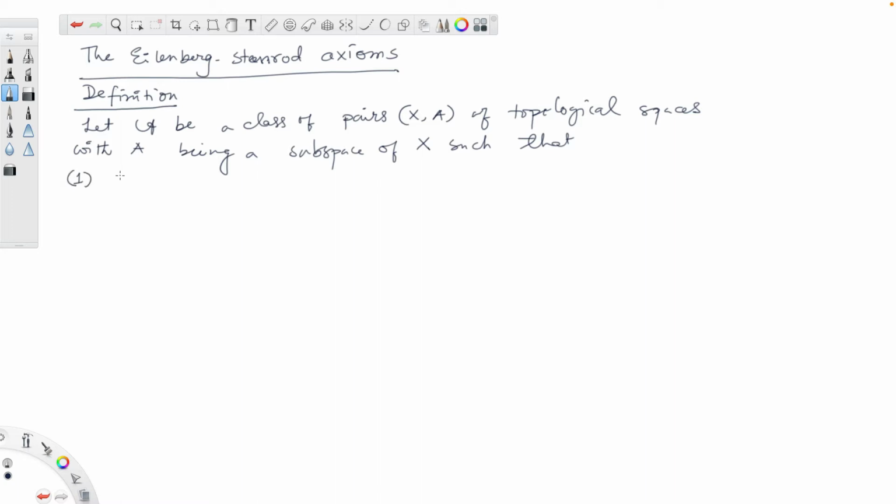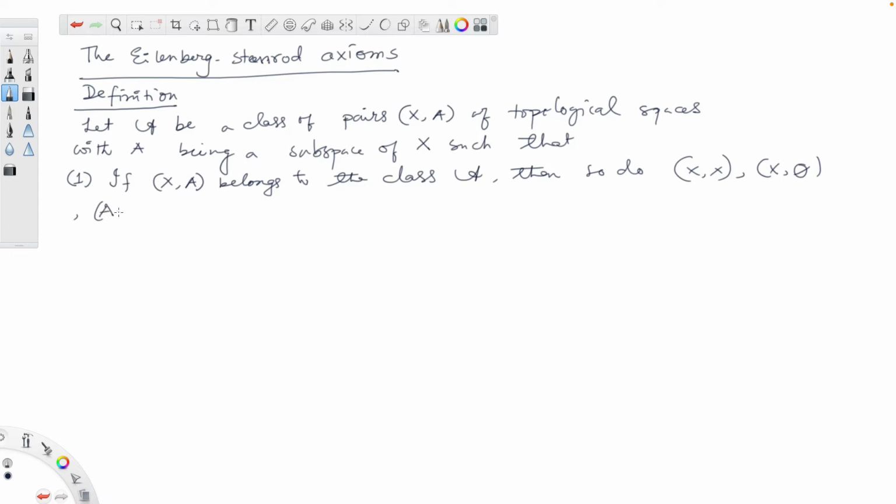First one, if the pair (X, A) belongs to the class calligraphic A, then so do (X, X), (X, empty space), (A, A), and (A, empty space).